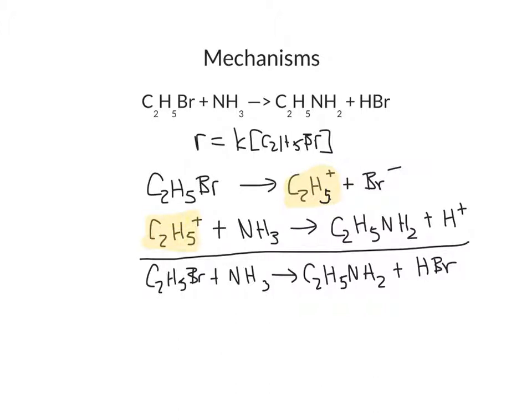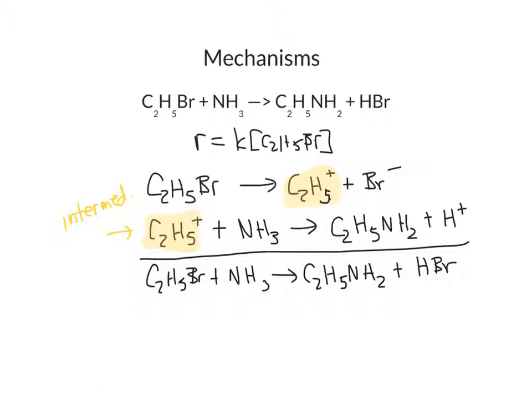When we have a product of a first reaction that's used up in a second reaction, we call that an intermediate. It doesn't show up in the overall reaction. It's only an intermediate species that shows up on the way to making the final product.